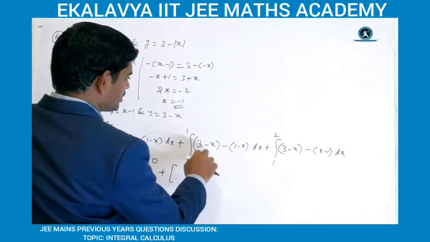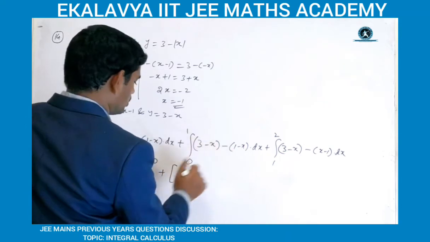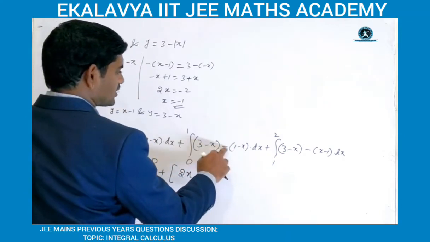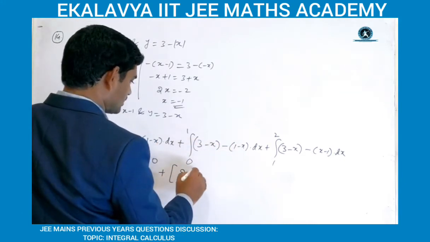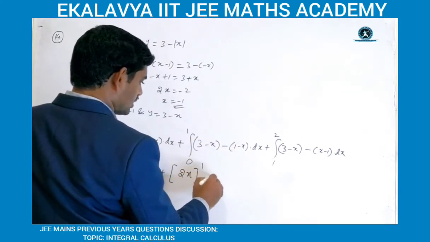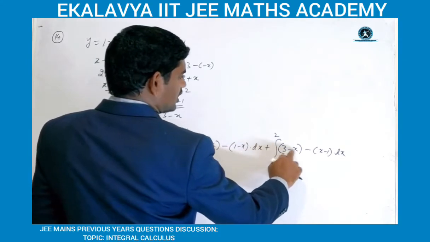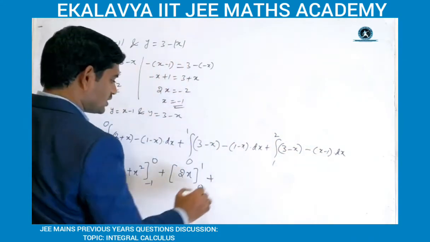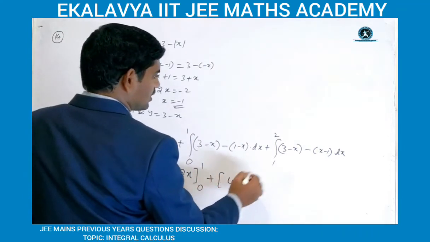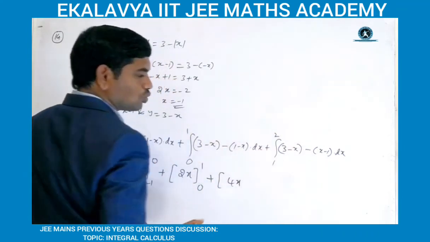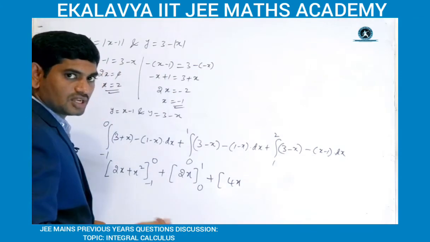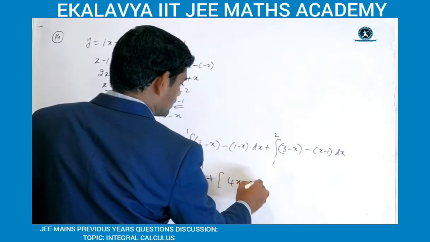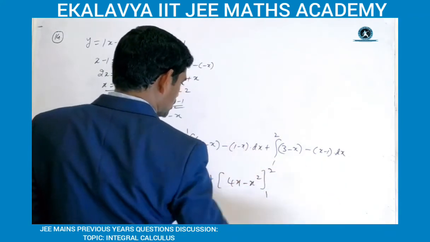Plus, from 0 to 1, 3 minus 1 is 2, integration of 2 dx is 2x, and minus x minus of minus x, plus x, cancels. Plus, from 1 to 2, 3 plus 1 is 4, integration of 4 dx is 4x, and minus x minus x gives minus 2x, whose integration is minus 2 into x square by 2, the 2 cancels, we get x square with the limits 1 to 2.